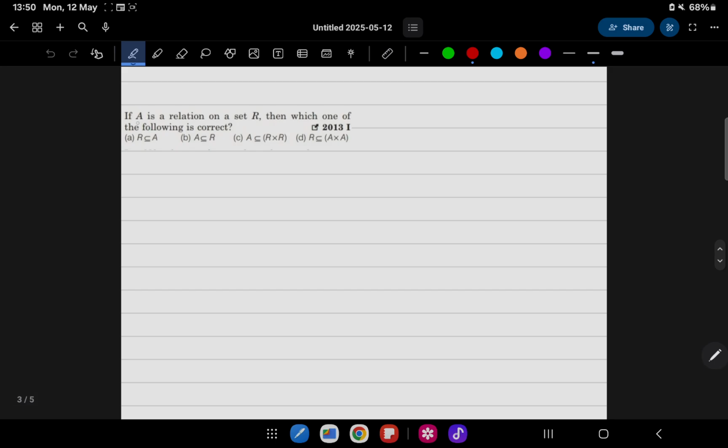Our next question is, A is a relation on a set R, then which one of the following is correct?